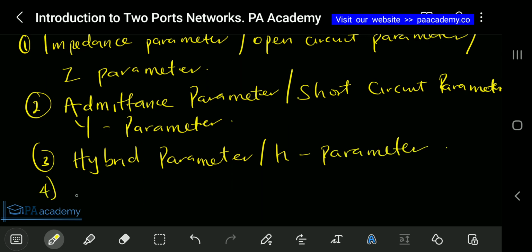Okay, number four, we also have the ABCD parameter.